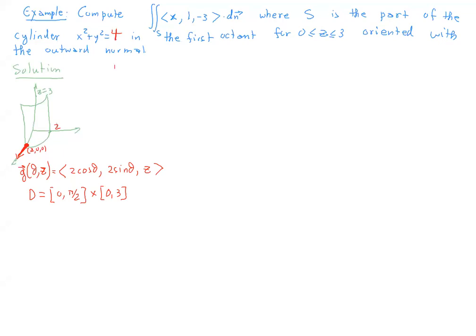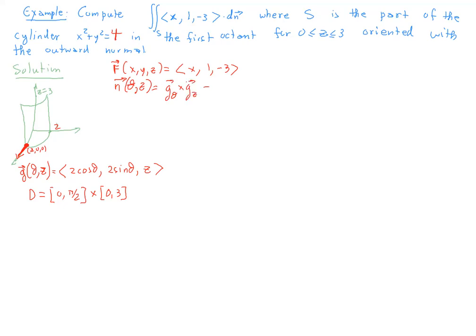So the underlying vector field here is F of x, y, z equals x, 1, negative 3. And the normal vector with respect to theta, z is going to be g sub theta cross g sub z.